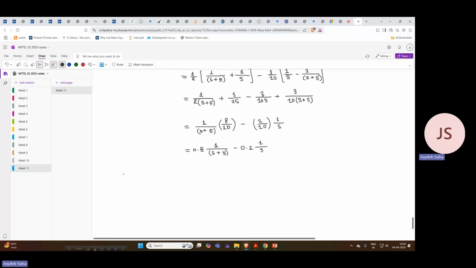So y of t will be the inverse Laplace of this, right?